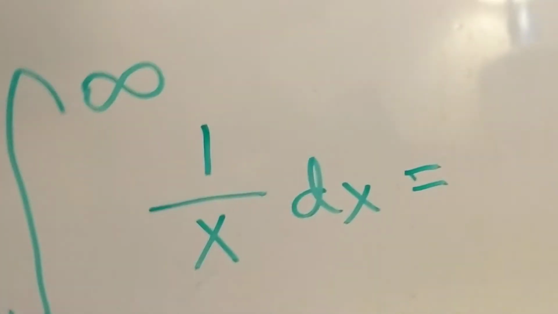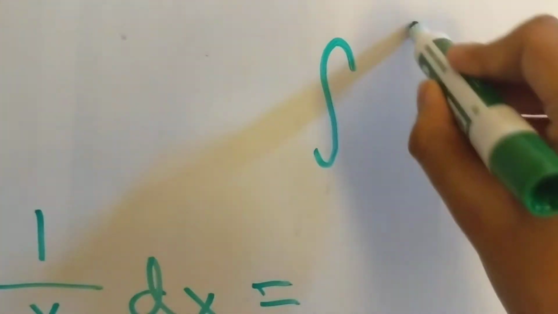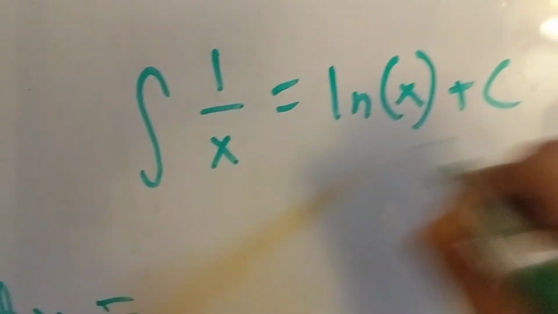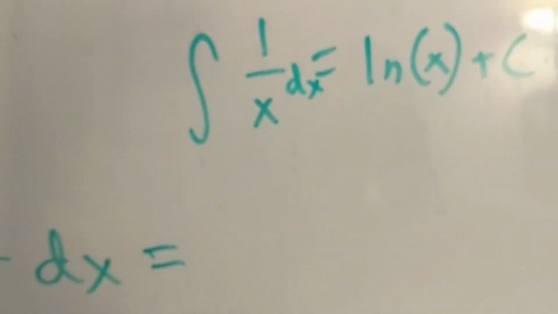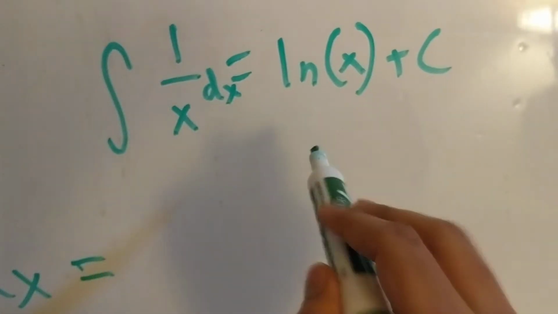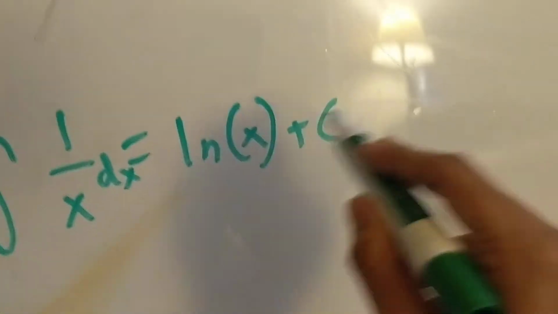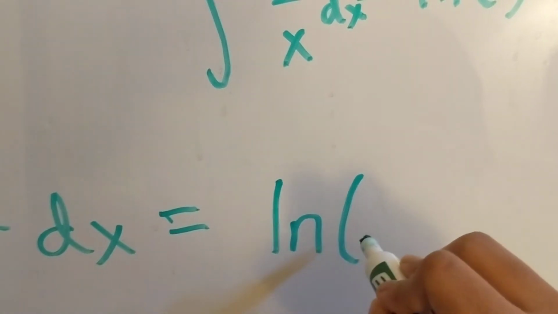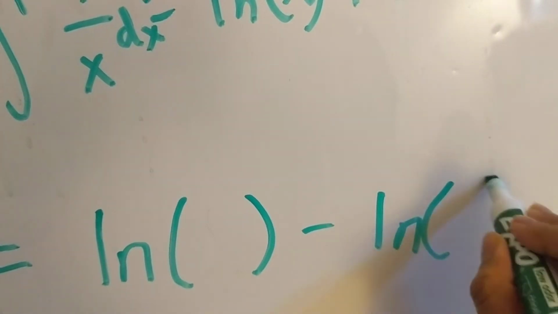So we're going to try to solve this integral. As you might know, the antiderivative of 1 over x is ln of x plus c. And since it's a definite integral, we do not need to worry about the plus c, since it'll cancel out. So we have ln of the upper bound minus ln of 1.